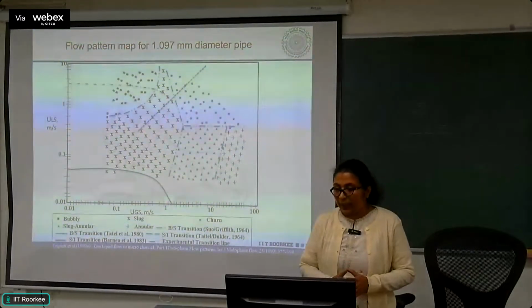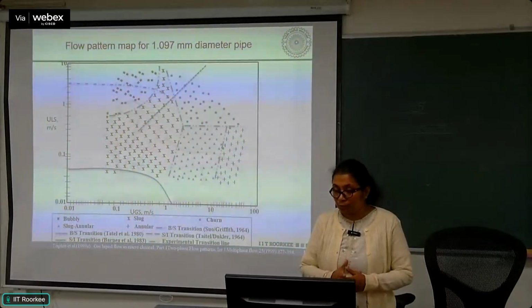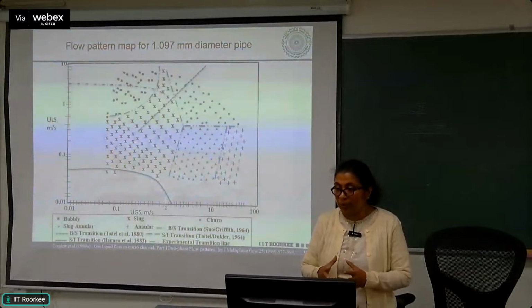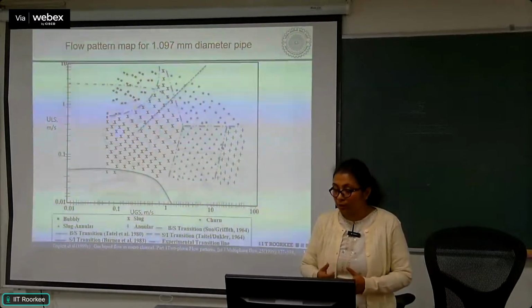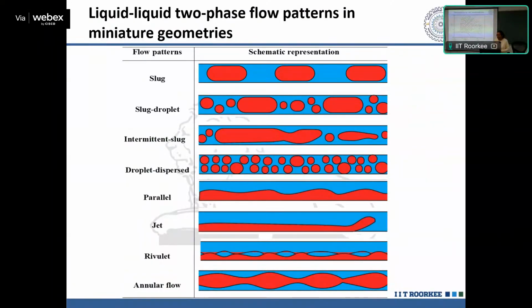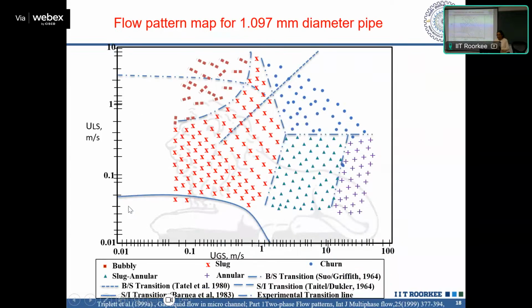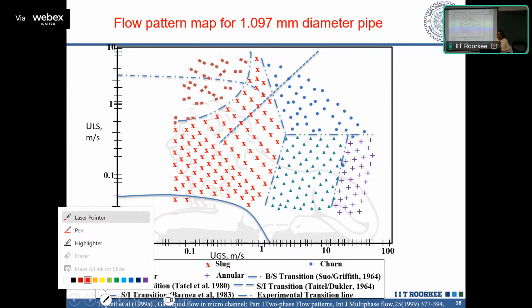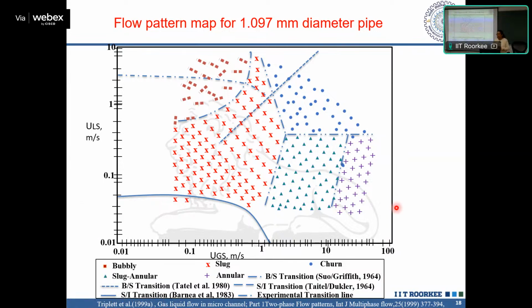And this is again, I guess we had enough discussion in the last class tomorrow regarding the mismatch that we are getting for the flow regimes and the various transitions predicted. The basic idea is that this is not a good match when we try to use our knowledge from macro channels and match the transitions for miniature geometries.